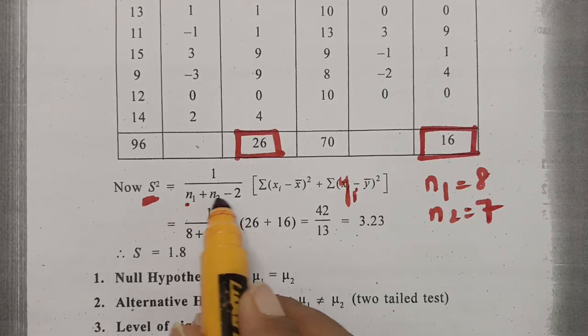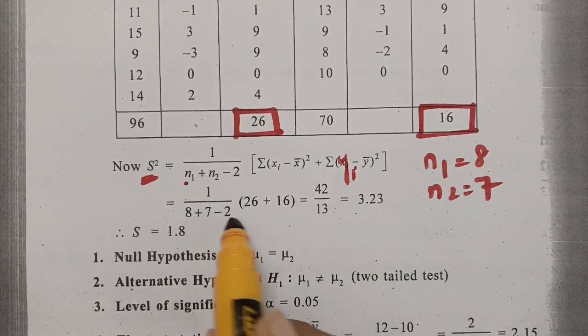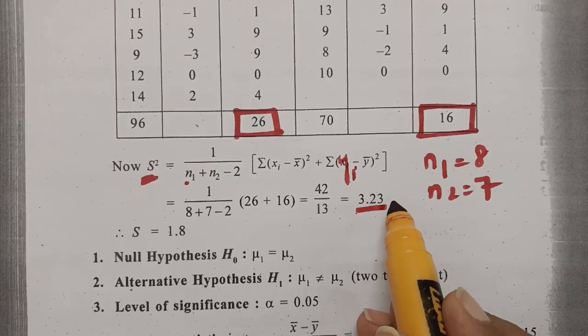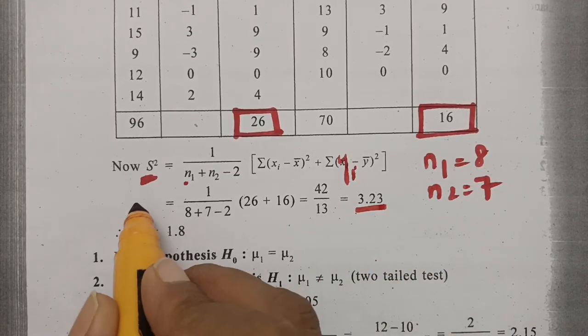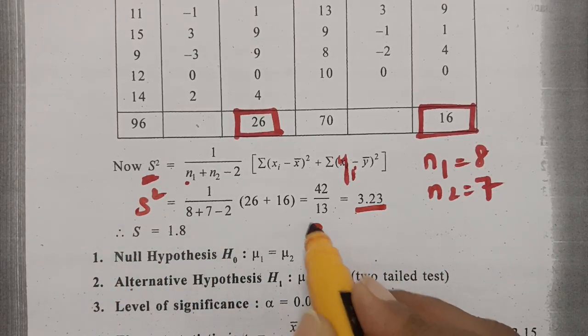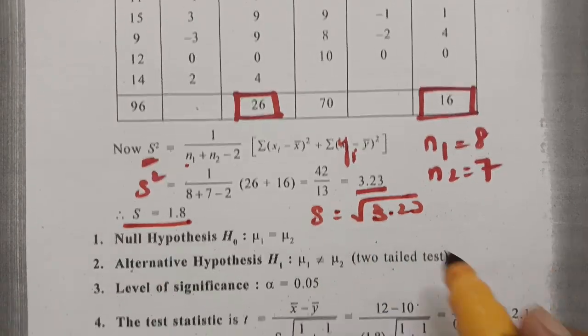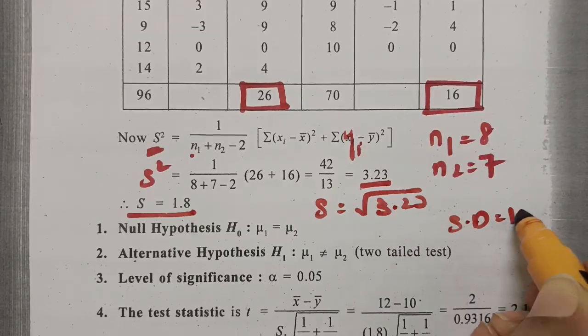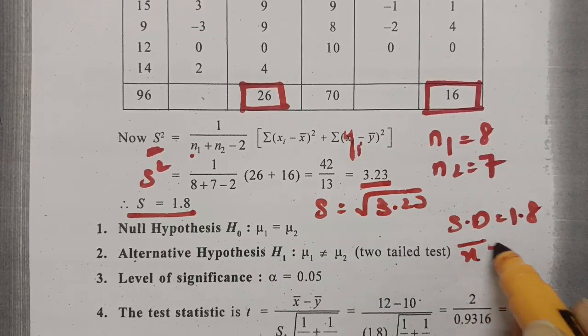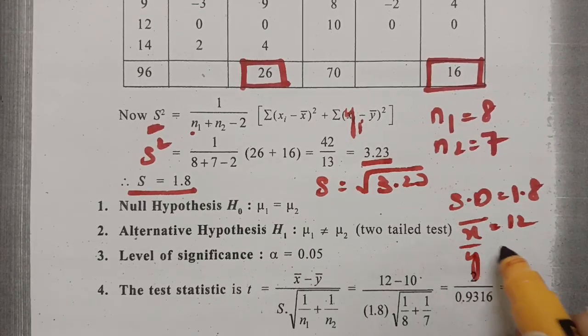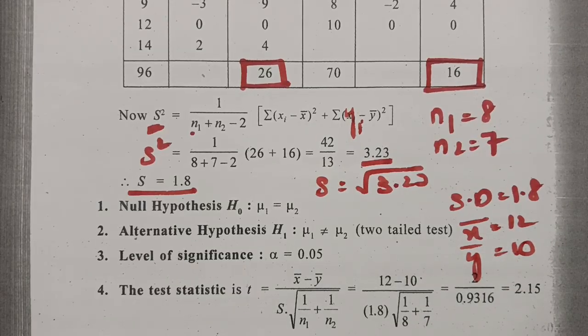So this is n1 plus n2 minus 2, 8 plus 7 minus 2, the value here is 3.23. So this is the s square value. If I take the square root of 3.23, the standard deviation here is 1.8. So we have x bar value equal to 12 and y bar value equal to 10.